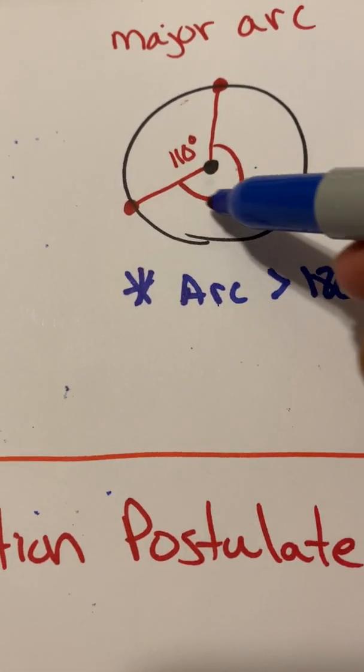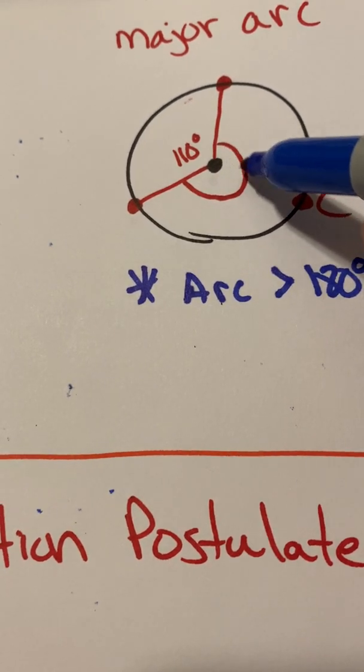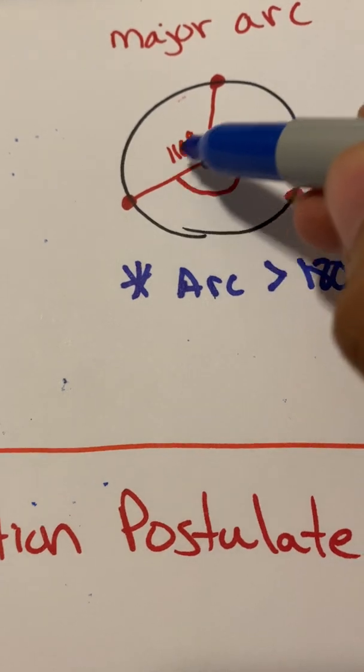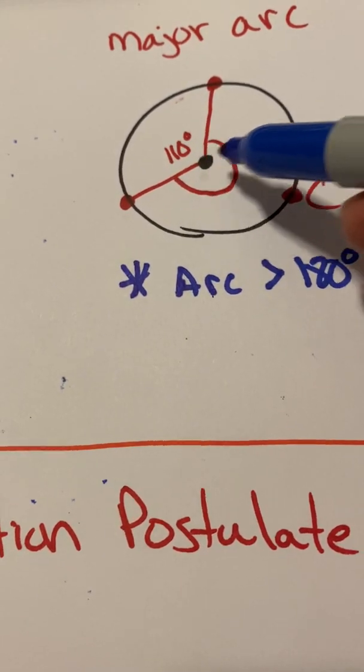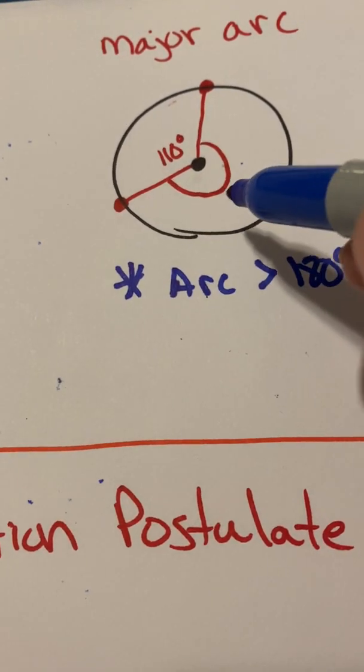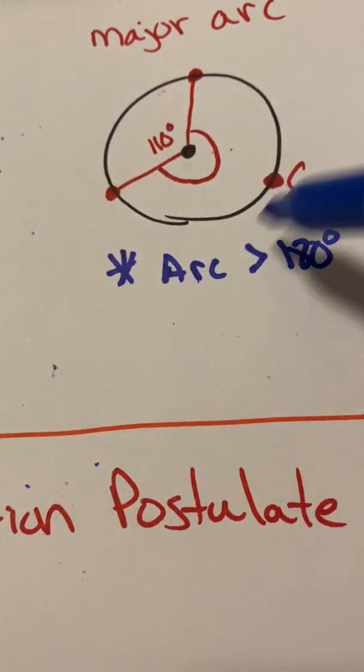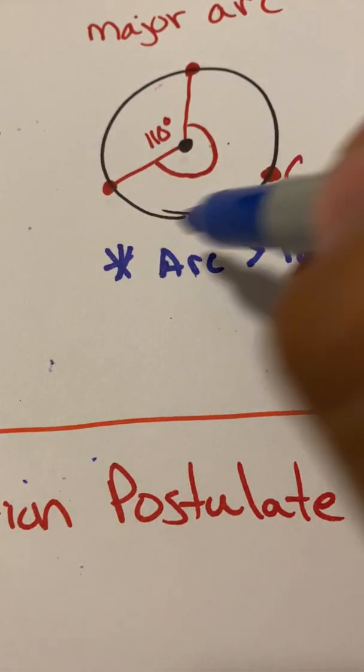So how can we find what this angle is from here to here? What is this angle if we know that the minor arc is 110 degrees? Well, like I said previously, the measure of the angles of the entire circle is 360 degrees.